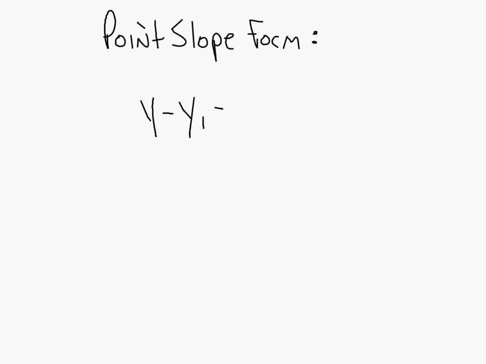All right, point slope form. Point slope form is y minus your y value equals the slope, and then the letter x minus your x value. Wait, what?